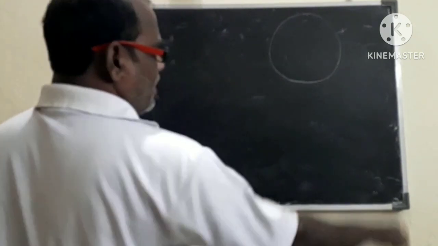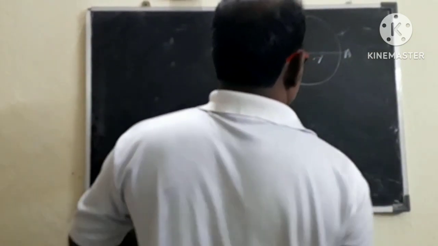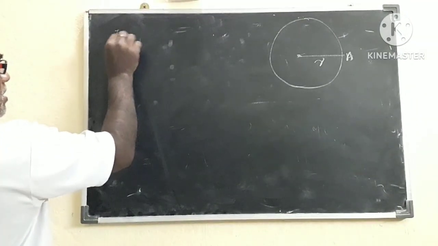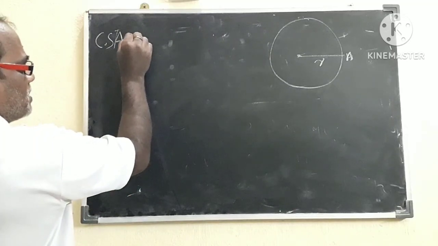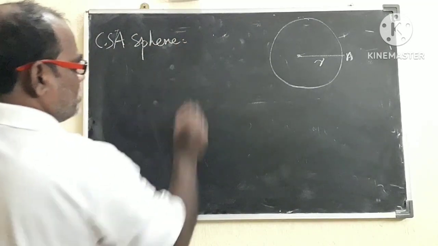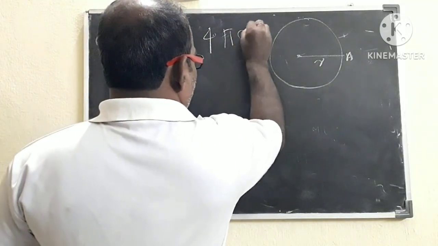This is a sphere having radius r. So the curved surface area of sphere is equal to 4 pi r square.